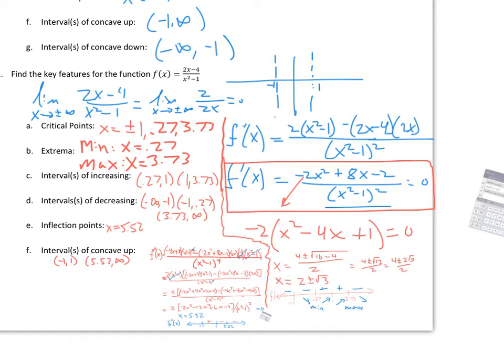Let's look at our graph here, okay? Over here, we know we got these asymptotes. We know we have a minimum at 0.27. If I find a y-intercept, plug in 0, I get -4 over -1. That's up here at 4 somewhere, wherever that's at, okay?